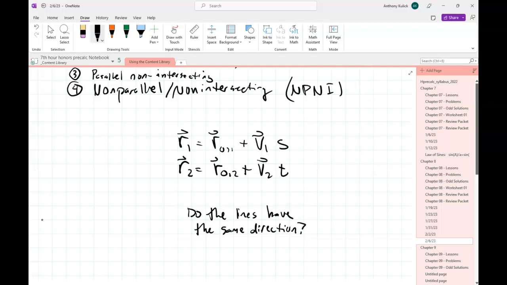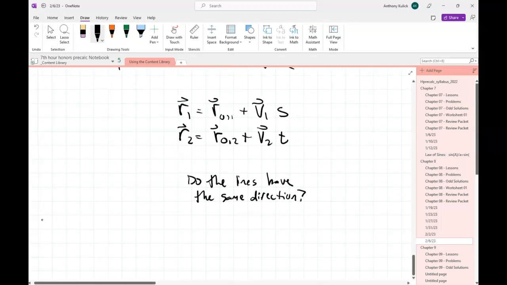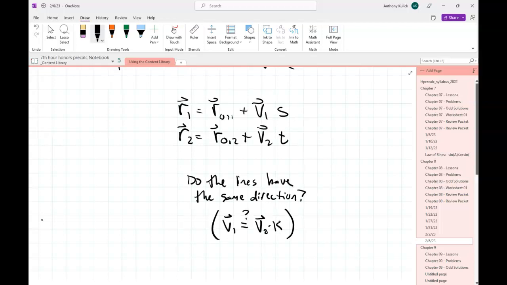The first question we ask is, do these lines have the same direction? How do we check that? We want to check to see if V1 is just some scalar multiple of V2.